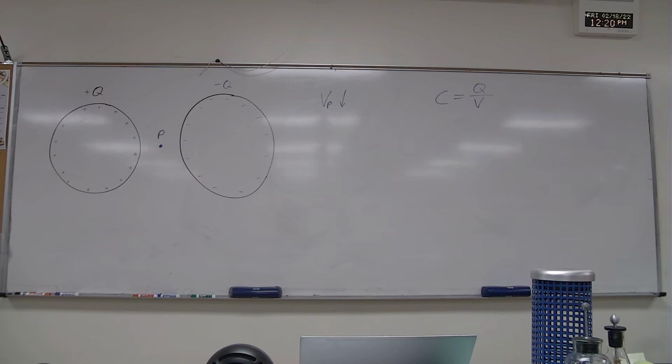And now I move this guy close. Not close enough to get shocked, but close enough that I have decreased the potential at those locations, especially right between them, because now they're oppositely charged. So one fights me when I try to push charge in, but the other one helps me. So I've decreased the potential, and now I've got the capacity to put more charge on by the definition of capacitance.